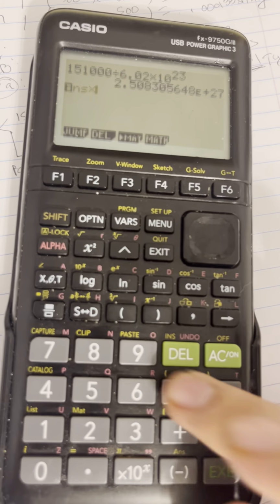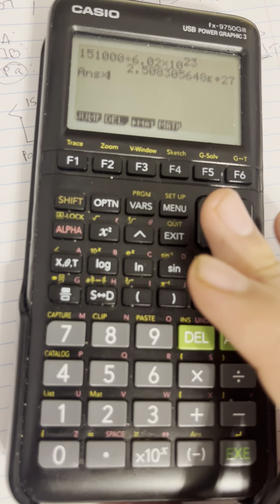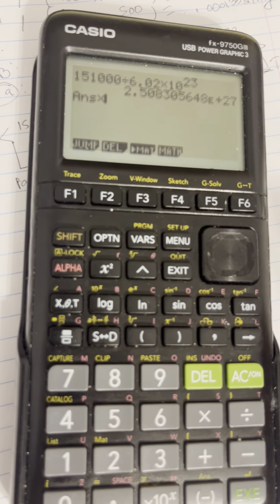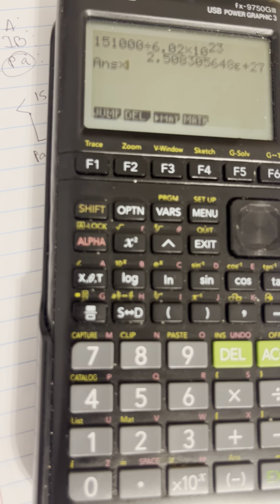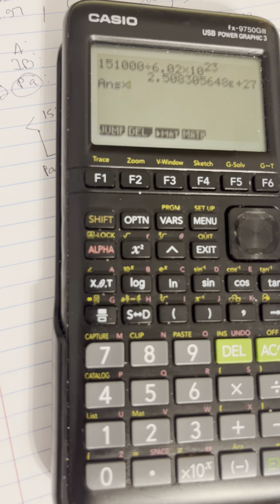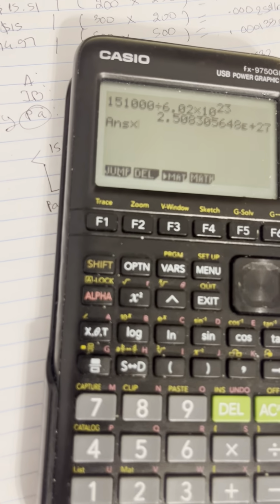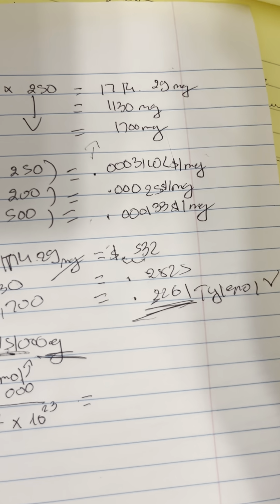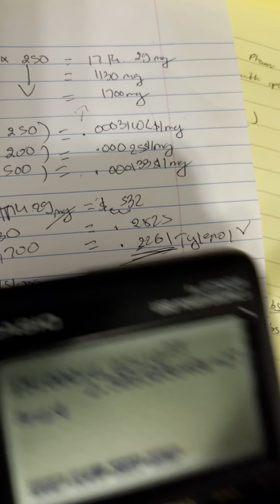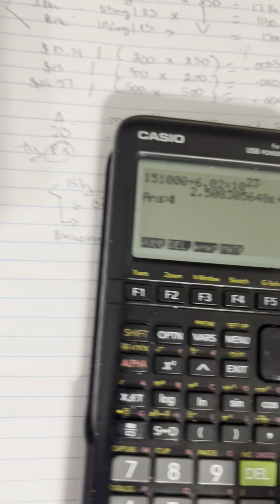So then I'll take that and I'll times that by the amount of dollars per milligram that I calculated earlier for paracetamol, which again is right there, 0.000133.